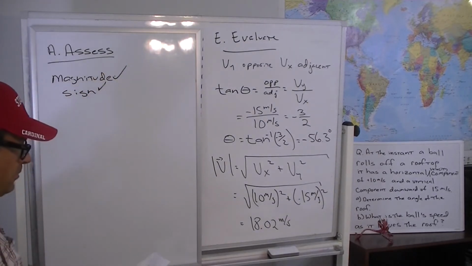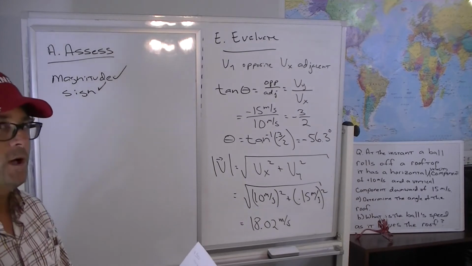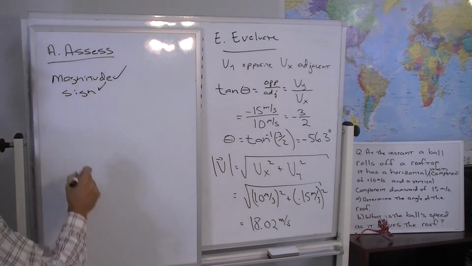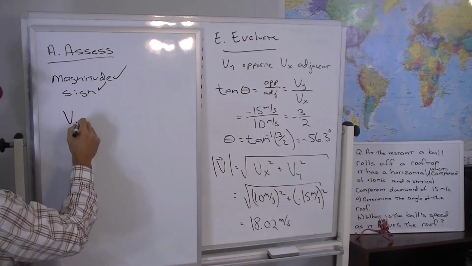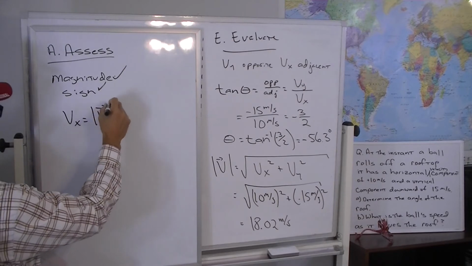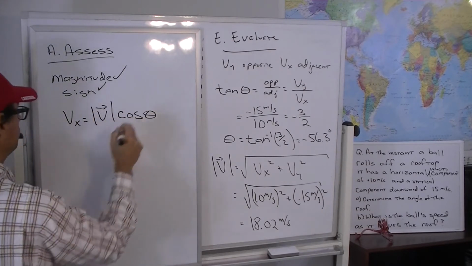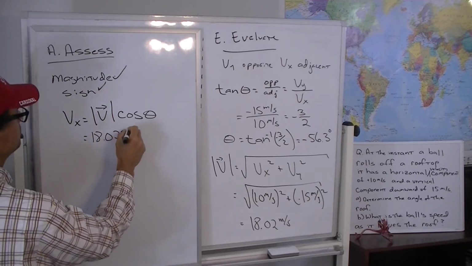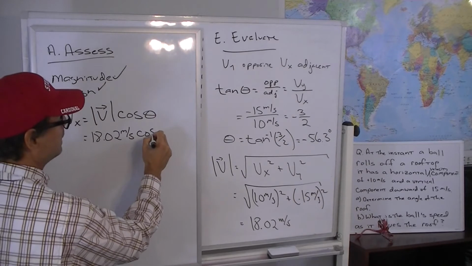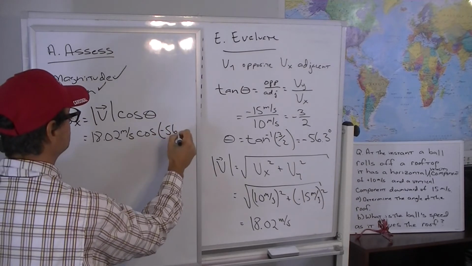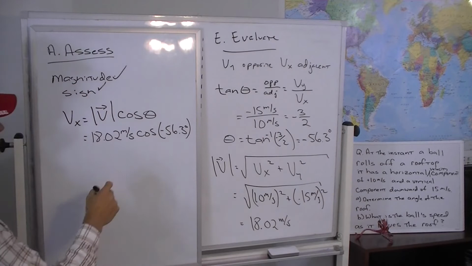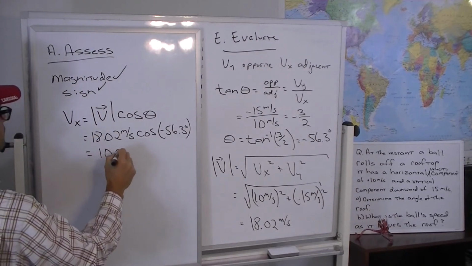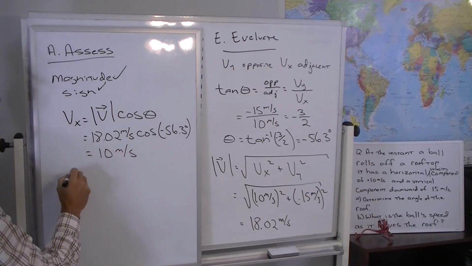Now let's see if we can do a little more quantitative assessment, and yes we can. If we think back to SOHCAHTOA, that suggests that the x component needs to be the total magnitude times the cosine of the angle. So if we multiply this out, 18.02 meters per second times the cosine of negative 56.3 degrees, and you'll come out with something very close to, within the rounding error of, 10 meters per second.